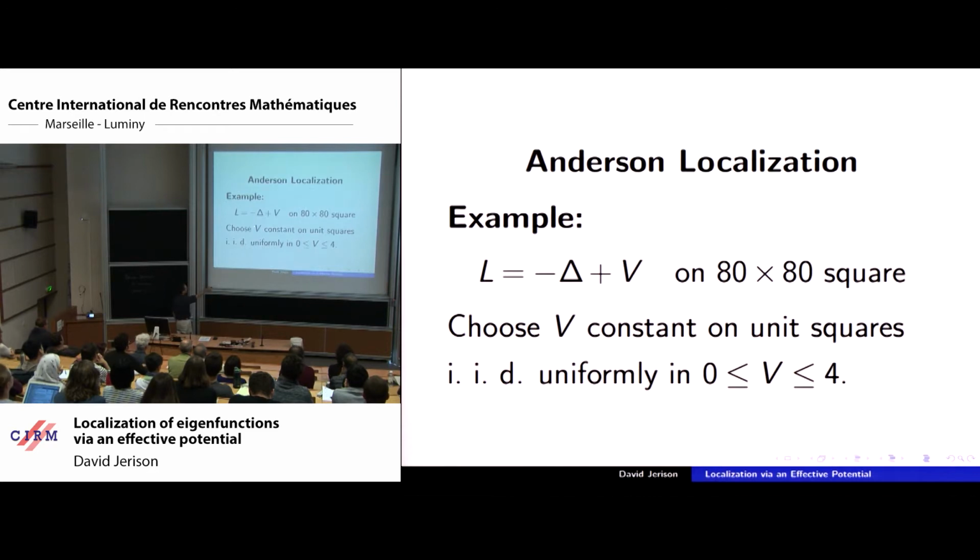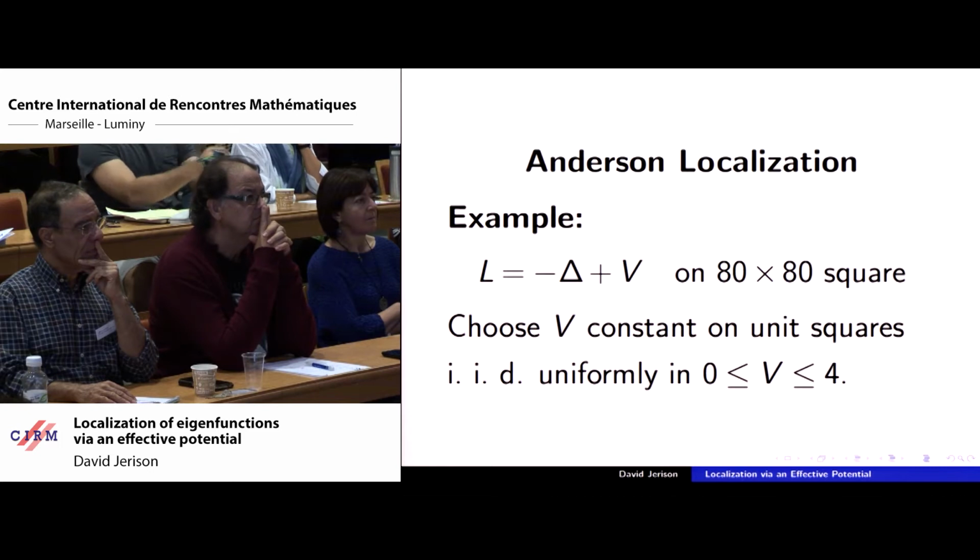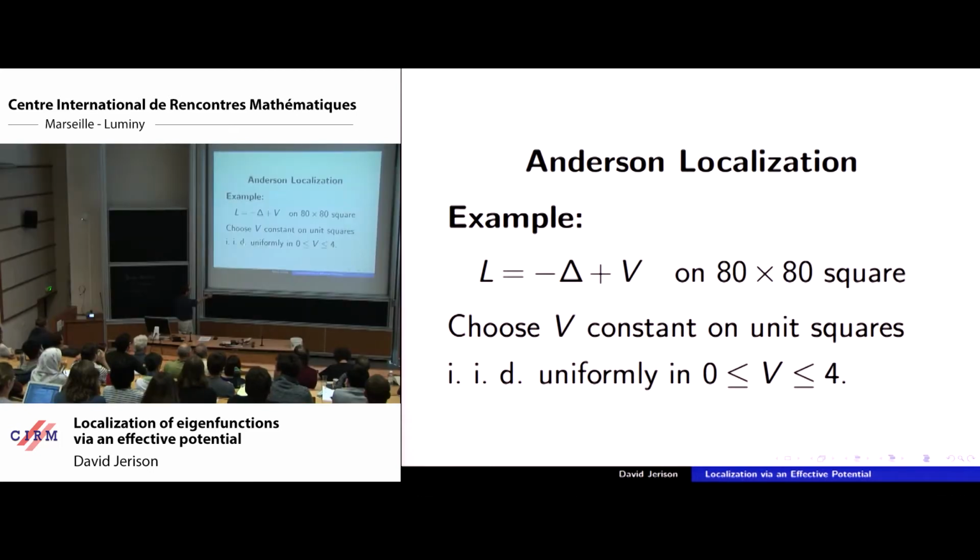So we pick this V to be constant on unit squares, so it's piecewise constant, and the values will be uniformly distributed, say, in the interval from 0 to 4 in the numerical experiment that I'm going to show you, and they're just identically distributed, independently, all right? So let's just take a look at what the first eigenfunction looks like here.